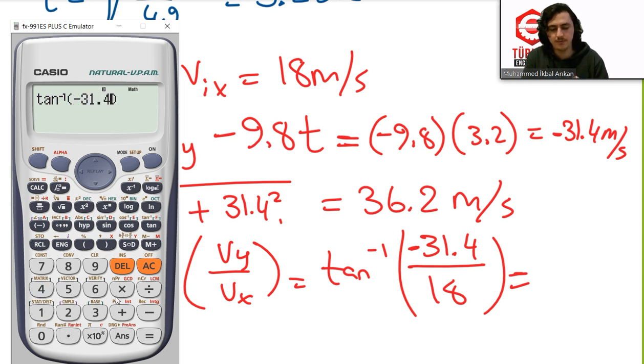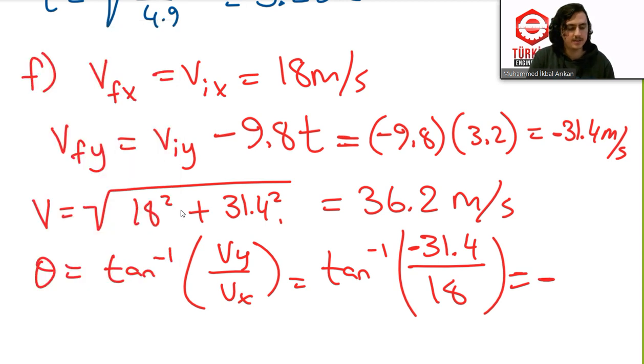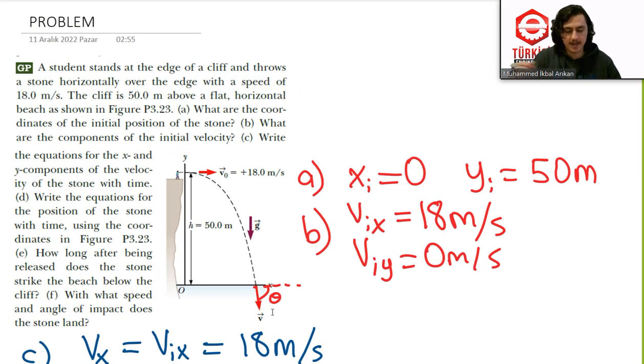Minus 31.4 divided by 18 will give me the angle, which is minus 60.2, nearly equal to this value. So this angle, as a magnitude, equals this one, but when you take the sign, because you are moving clockwise, the angle will be treated as minus, and if you are moving counterclockwise, that will be a positive angle.